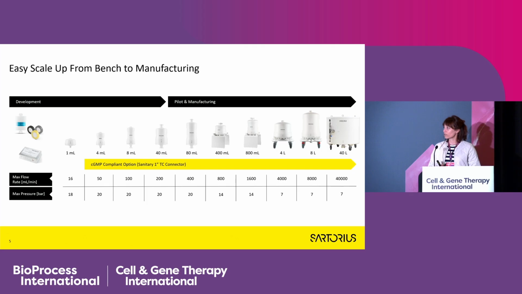So basically what you need to consider here is that if you apply 5 CV per minute flow rate on 1 milliliter scale, you can go easily with 5 CV per minute, for example, on 40 liter scale.